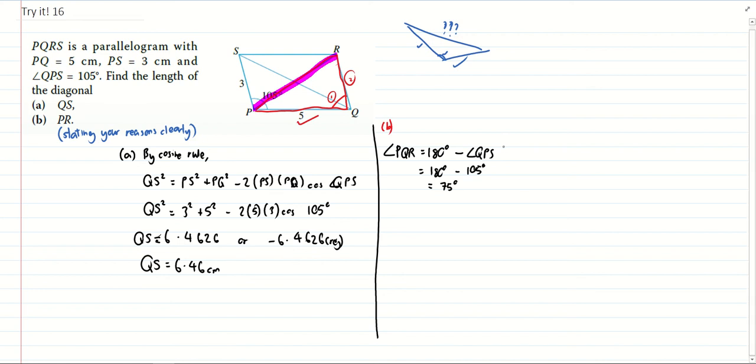And the reason for this is interior angles, because PS is parallel to QR. Then, it's very obvious that this is 3 cm, but I'll just write it down as well. QR equals PS, so QR is 3 cm. And the reason is simply opposite sides of a parallelogram.